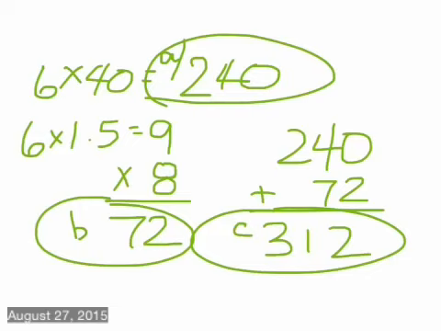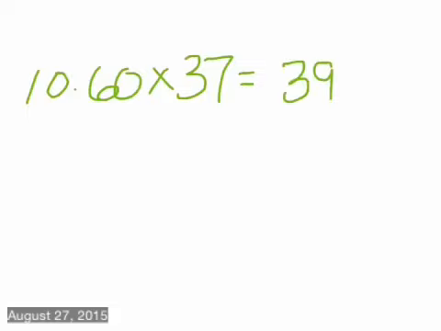Okay? So, again, how many hours did Stephen work? 8. Wait. 37. So what's $10.60 times 37? 392 and 20 cents. 0.2 or 0.02? 0.2. Okay, so 20 cents.